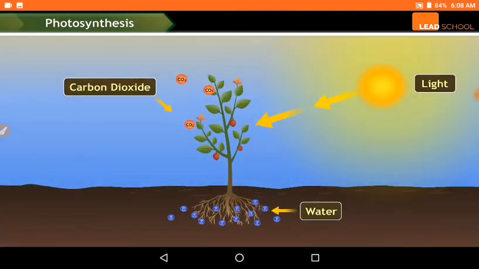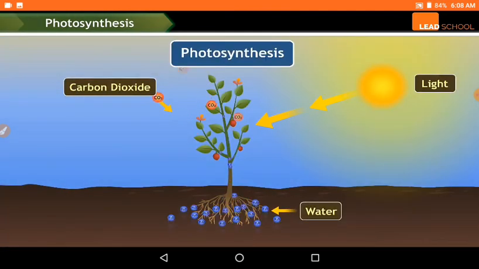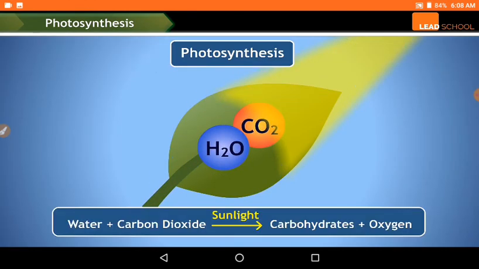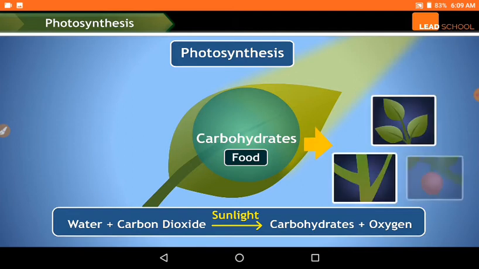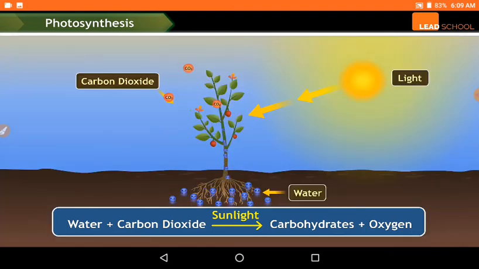Now, this trapped energy is used for the photosynthesis reaction, where water and carbon dioxide are combined to create carbohydrates, that is, food. These carbohydrates are stored in the leaves, stem, and the fruits of the plant. The photosynthesis reaction is important for another reason. It produces oxygen.